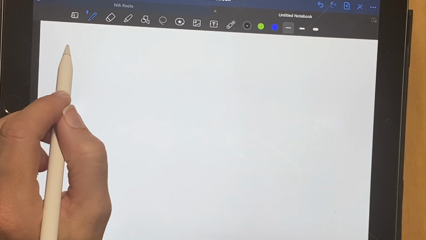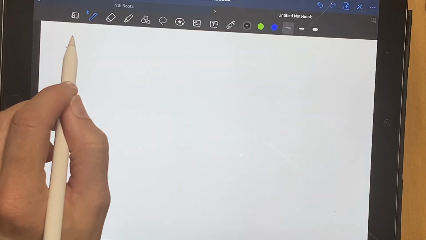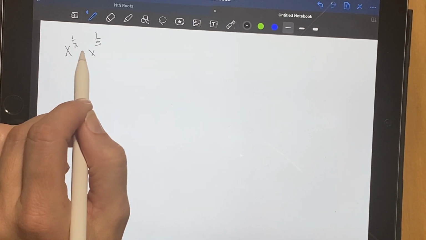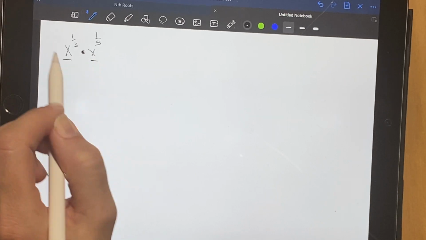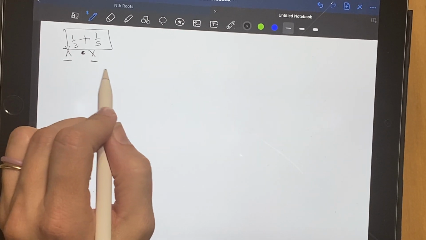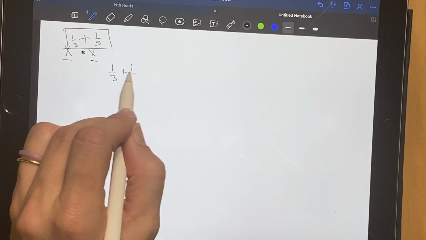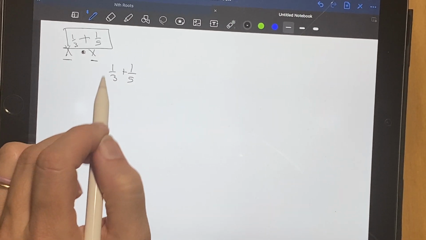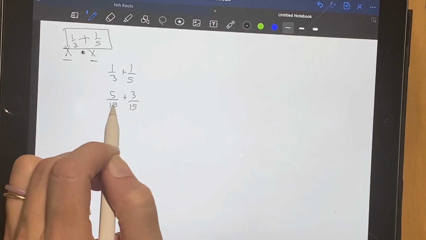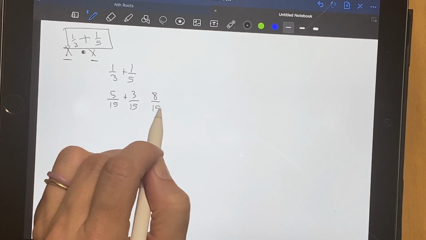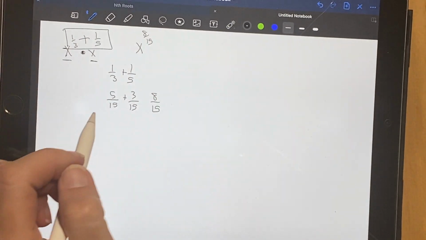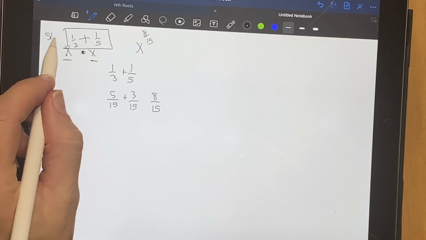So for number 56, we have x to the 1/3 times x to the 1/5. I'm multiplying, so only my bases have to be the same. That means I can add my exponents. So I have 1/3 plus 1/5. They need to have the same denominator. So that's 5/15 plus 3/15, and I get 8/15. So I would rewrite this as x to the 8/15 for number 56.